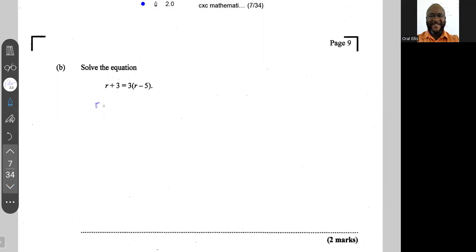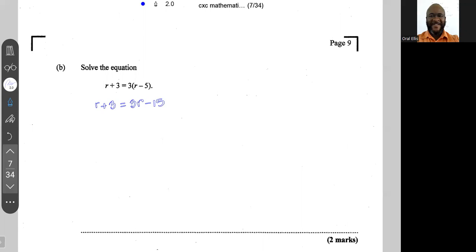So I have r plus 3 is equal to 3 times r is 3r, and 3 times minus 5 is minus 15. So distributive law says whatever is in the bracket is multiplied by what is immediately outside the bracket. Next, I'm going to get all r's on one side of the equation and all numbers on the other side.